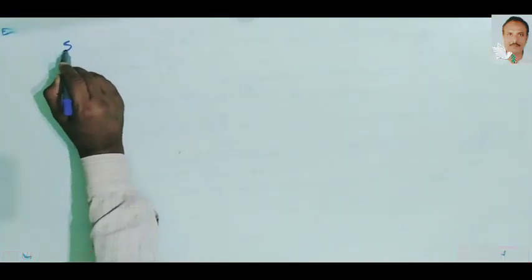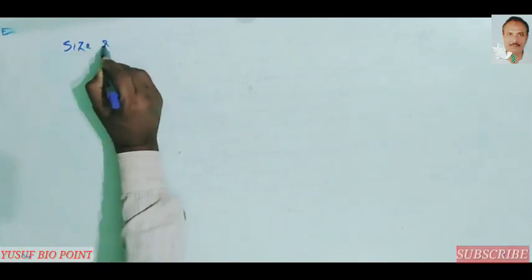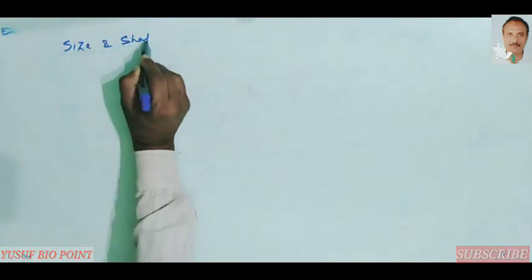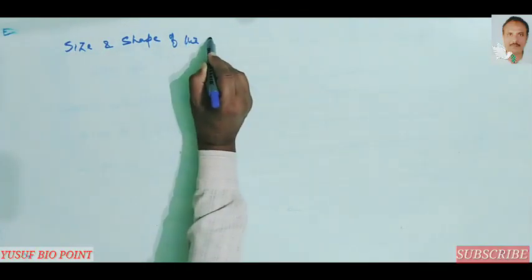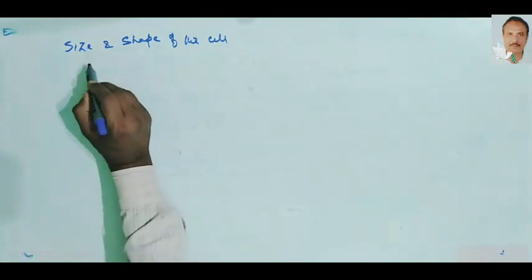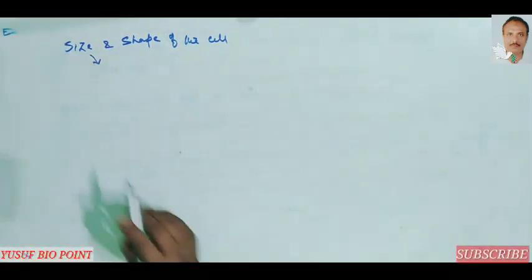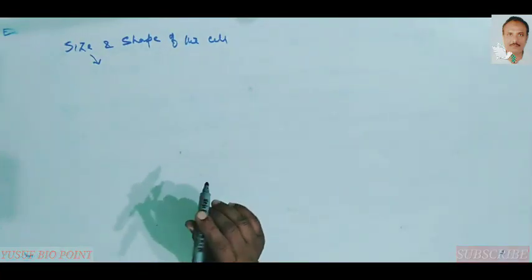Now, the size and shape of the cell. Cells are found in different sizes.